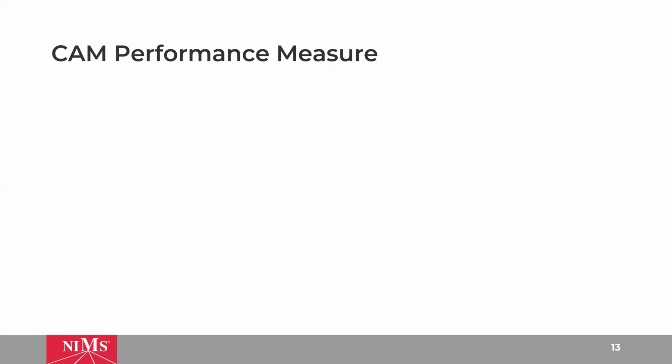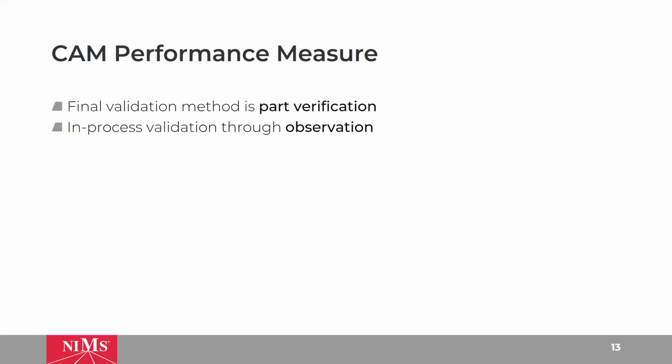Okay, so let's look at the CAM performance measure. Final validation method is part verification. So if we are measuring the programmer through verifying the part, we're not necessarily looking at the program itself, the virtual environment. We're looking at the end result, similar to what happens in industry. There's also in-process validation through observation.